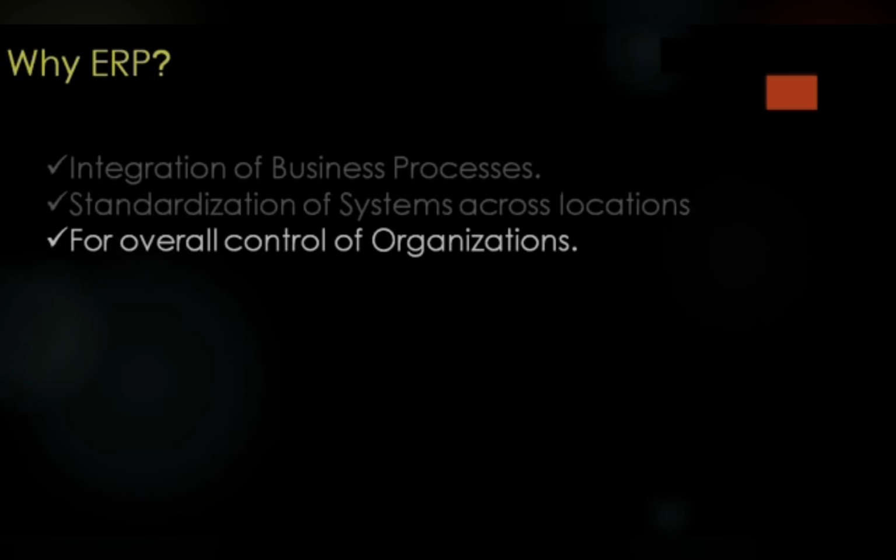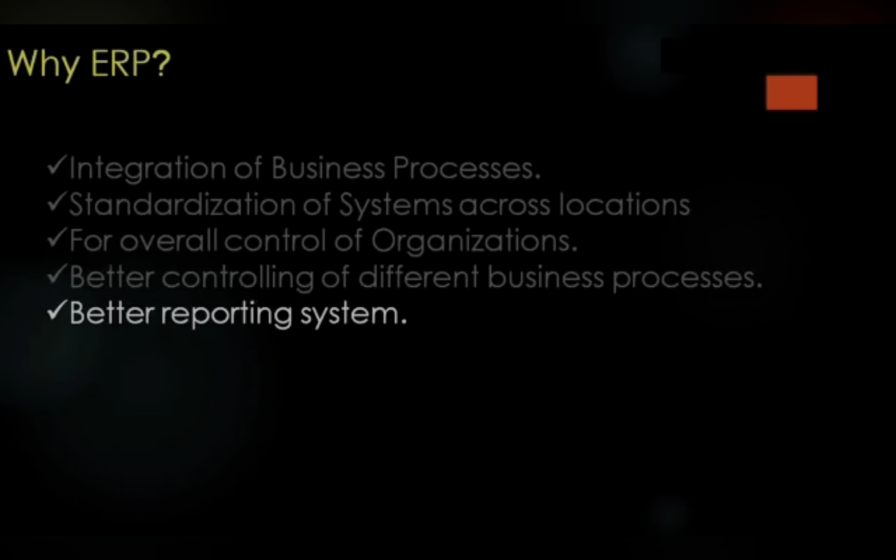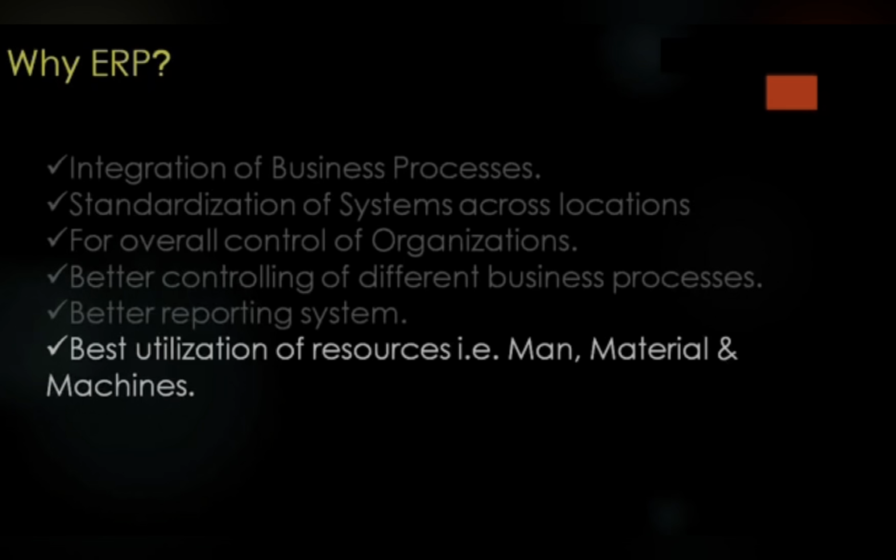For overall control of the organization, you can have a better controlling of different business processes, better reporting system, because you have a consolidated system, so you can run the reports in a better way. Best utilization of the resource, for example, material and machines.